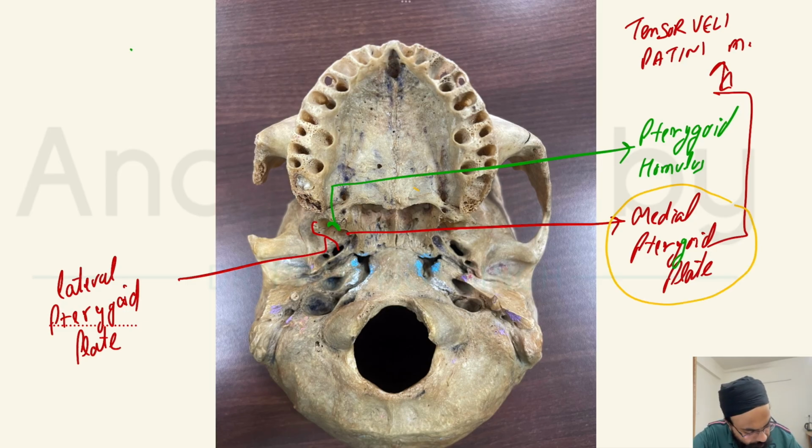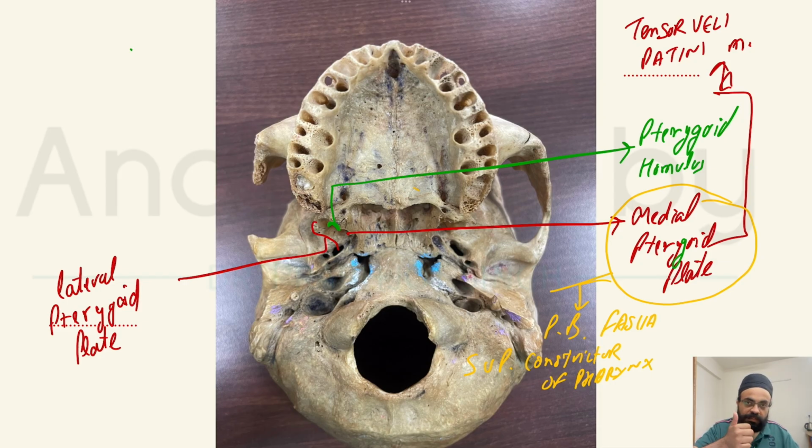The medial pterygoid plate separately also provides attachment to pharyngobasilar fascia and superior constrictor of pharynx. So: pharyngobasilar fascia, superior constrictor of pharynx, and tensor veli palatini. On the hamulus, only tensor veli palatini.